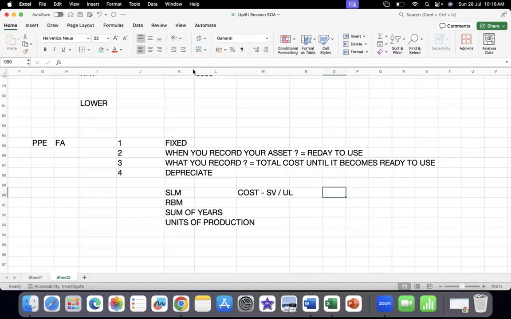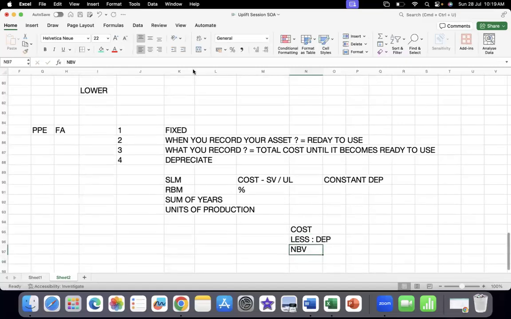What it does is give you a constant depreciation throughout the years. For reducing balance, you need to identify the rate. You apply that rate, and that becomes your depreciation value. The cost less the depreciation is your net book value for the first year.